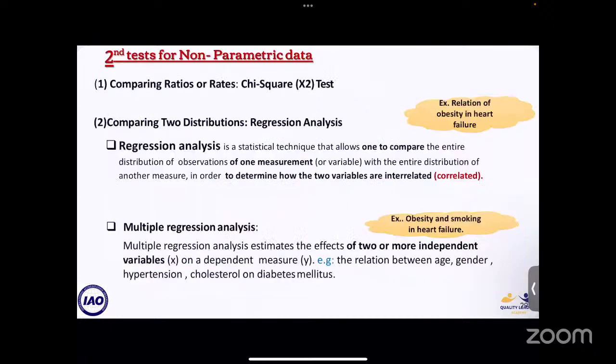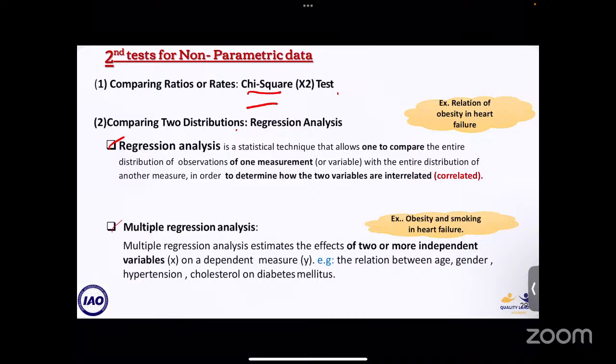Okay, moving on. If there is none, tests for non-parametric data or categorical data work by comparing ratios or rates. So we have the chi-square (χ²) test. And we also have comparing two distributions through regression analysis and multiple regression analysis. So when we say chi-square test, it is used for comparing non-continuous data.